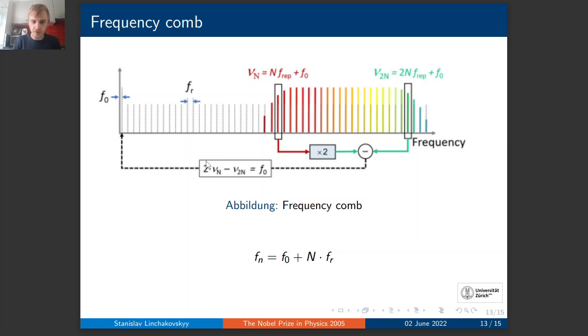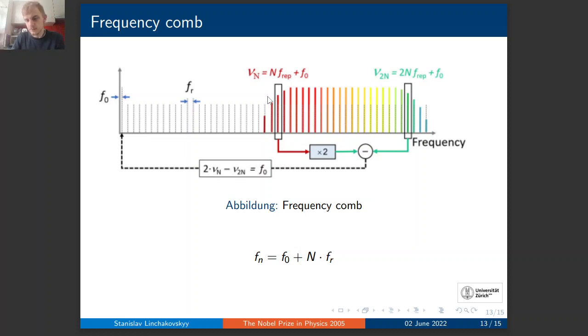So the formula of these lines, the frequency of these lines, is n times f repetition plus f0. If we change f0, we can move these lines all over the spectrum.